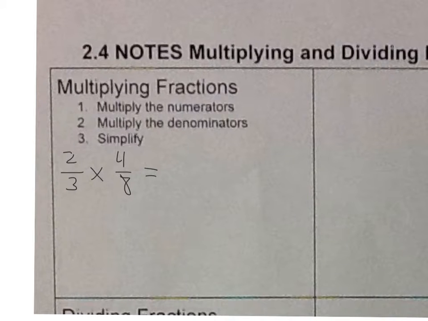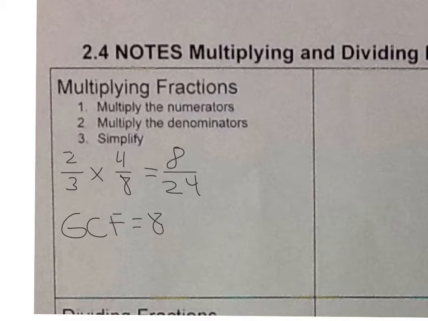So 2 times 4 is 8. And 3 times 8 is 24. Now that we have our answer of 8/24, we go ahead and we simplify. We simplify by finding the greatest common factor. The greatest common factor, or the GCF, of 8 and 24 is 8.